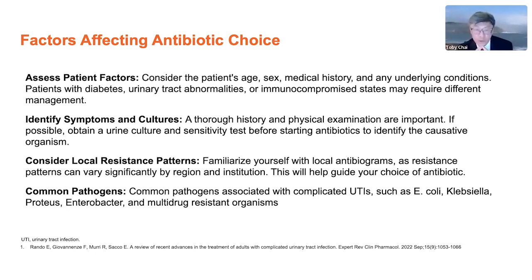And I often wonder, when we're doing elective surgeries like ureteroscopy, stone treatments, or doing TURs on patients who are on SGLT2 inhibitors, whether we should stop them before the surgery to reduce glucose in the urine. Any urinary tract abnormalities, immunocompromised state, all these factors may require a different approach.